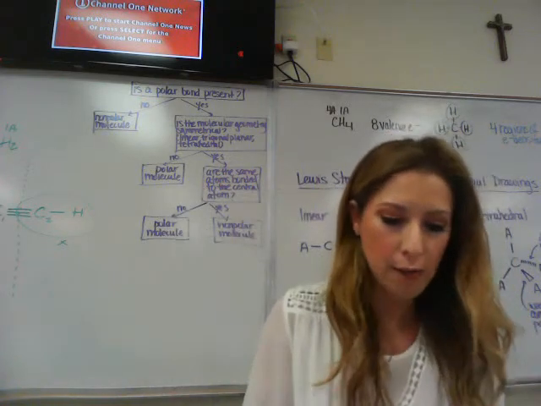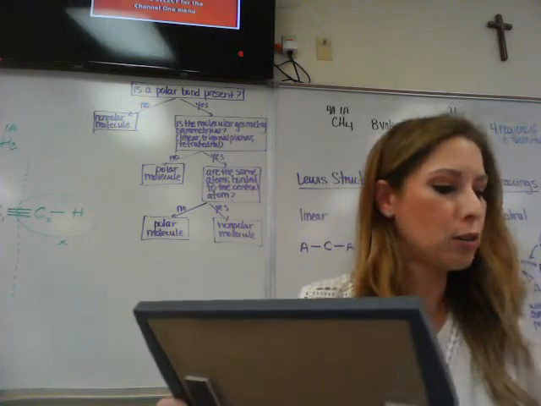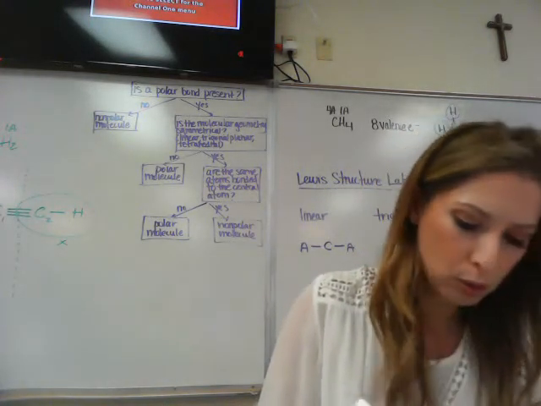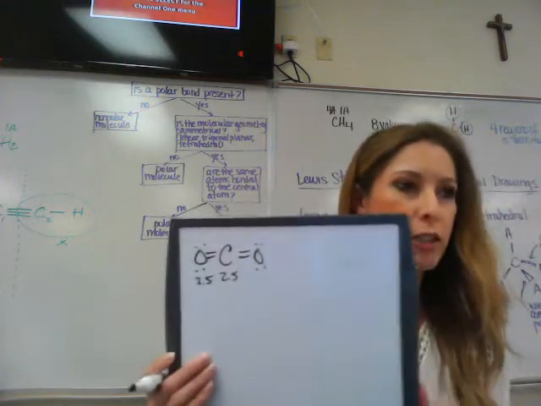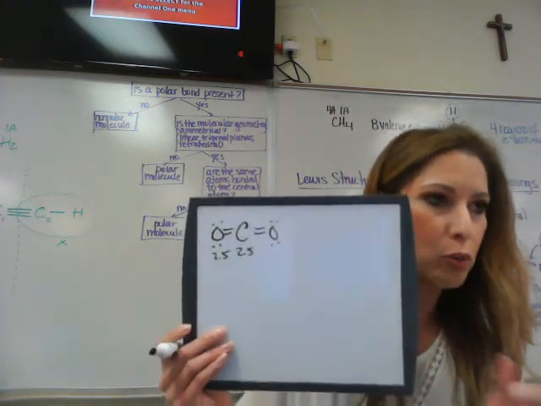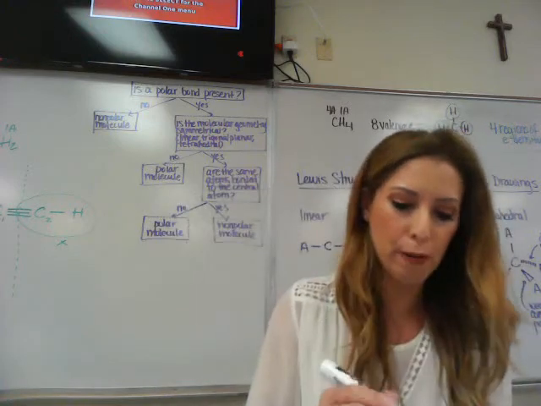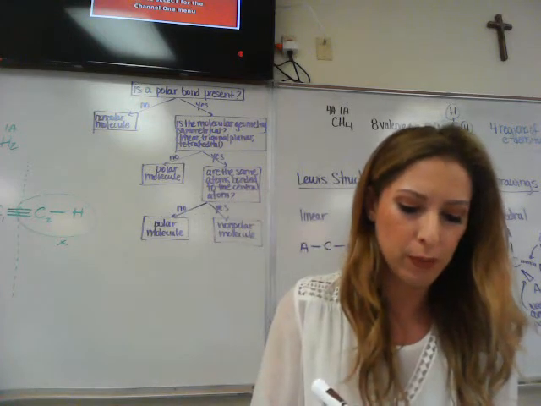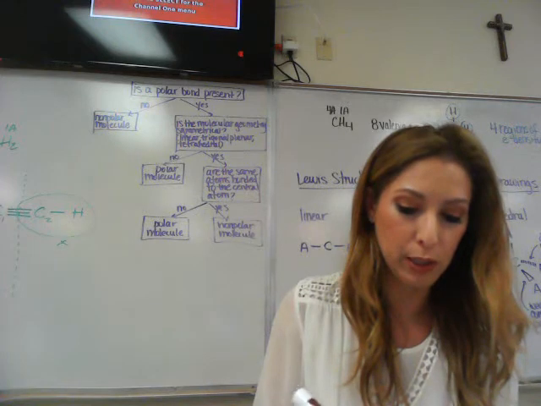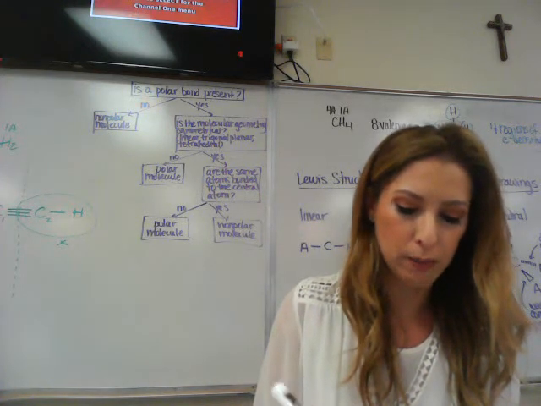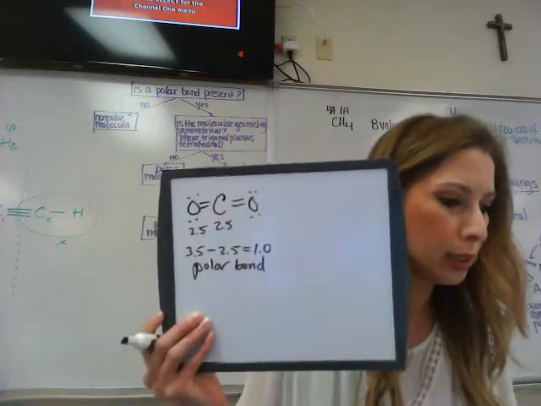I've got an electronegativity value of 2.5 for carbon and 3.5 for oxygen. So I subtract that value once, because that's the only type of bond I have in this molecule. So 3.5 minus 2.5 is a difference of 1.0, and that is a polar bond. So the carbon-oxygen bond is polar.